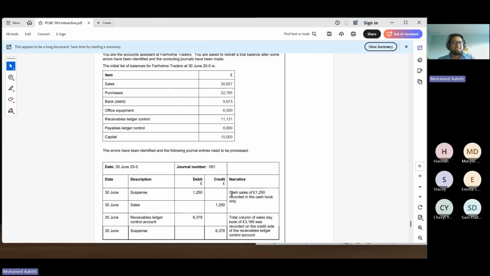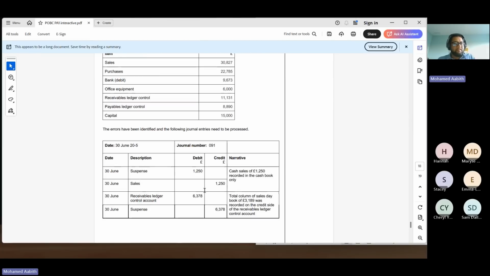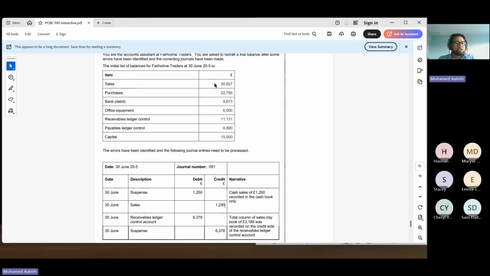Okay, so let's see a quick example of it. The first account was sales, 1,250 on the debit side, because it was an error of omission, doing the entry on one side only. You're supposed to have a debit and a credit. They have done the debit entry, but they forgot to do the credit in your cash sales account. So this is going to increase the balance of the cash sales, or sales, it does not matter.